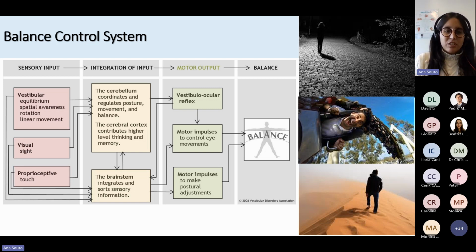So the integration and organization of these sensory inputs is done by the central nervous system, including the cerebral cortex.